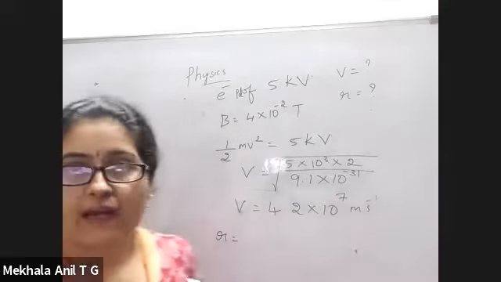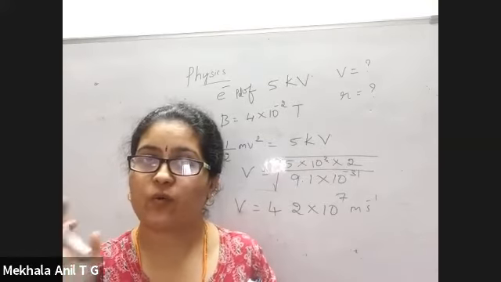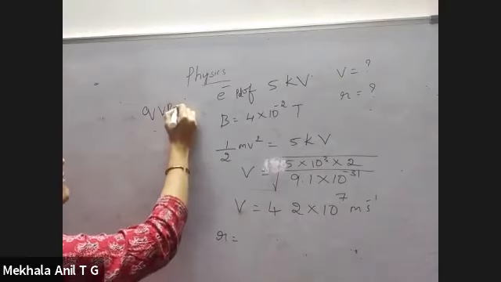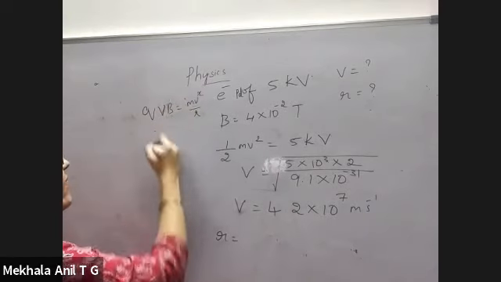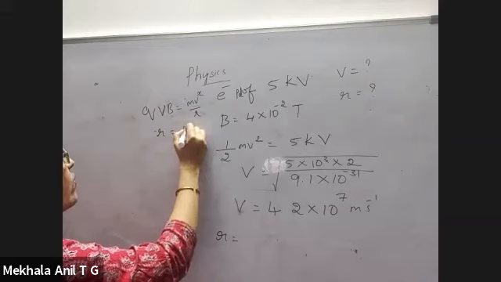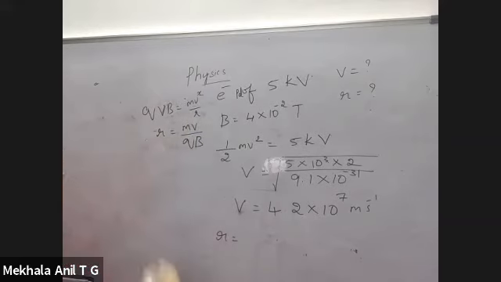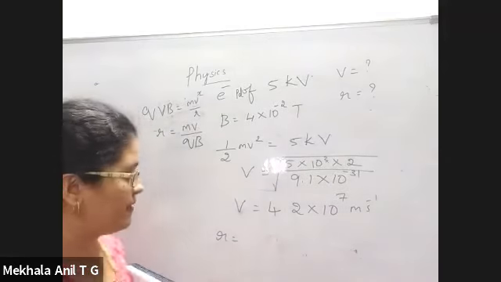Now again, I don't remember the actual equation. So what I will do is just take QvB equal to mv squared by r. This vB cancels. R is equal to mv by QB. So I derived it within a matter of seconds.